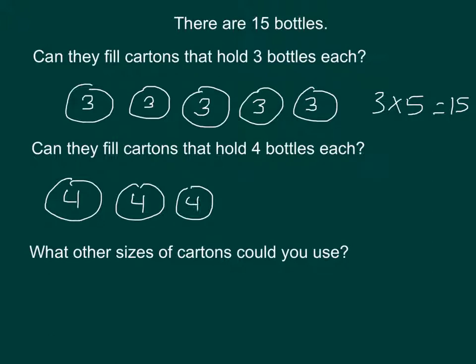My third carton would give me 12. But if I try to fill another carton, it's not going to work. If I make another carton with 4 more in it, that's going to give me 16 bottles. And that's 1 too many. So 4 is not a factor of 15. It doesn't go into it evenly.